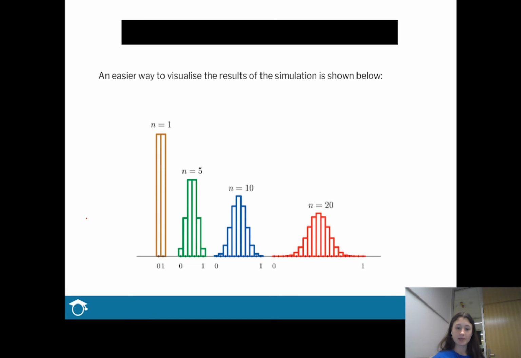In the first simulation, the results are just one big rectangle, but as we get more and more samples, the results spread out more, and they also smooth out more because there are more values to fill in each gap. The other thing to notice is that as sample size increases, the curve approximates a normal curve more and more, which is something we'll get onto.